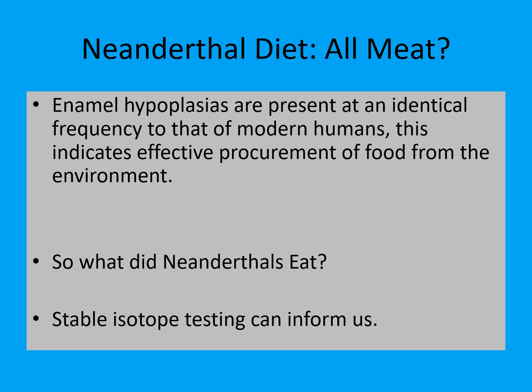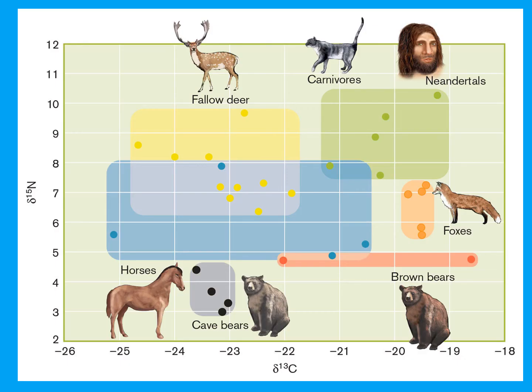So really, what did Neanderthals eat? Well, when we look at stable isotope testing, we can really become informed on the various parts of their diet. When we do stable isotope testing on carbon-13 and nitrogen-15, the interesting thing that we see is that Neanderthals are off the chart for nitrogen.